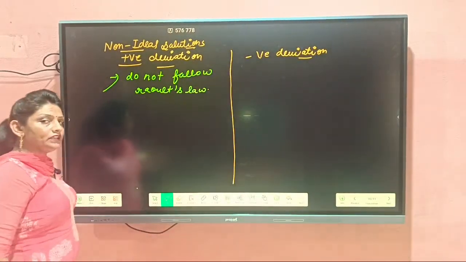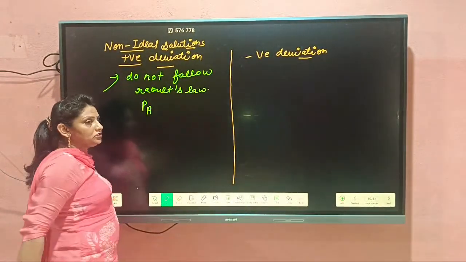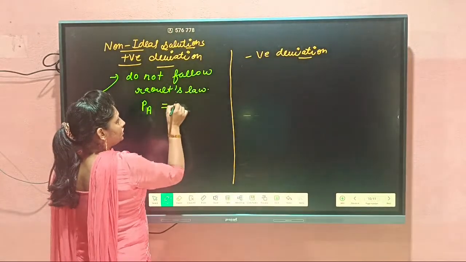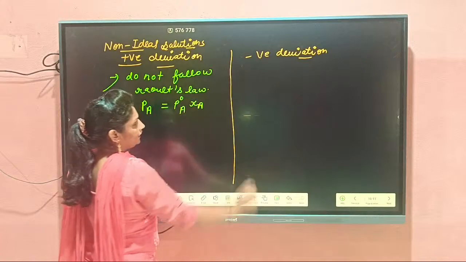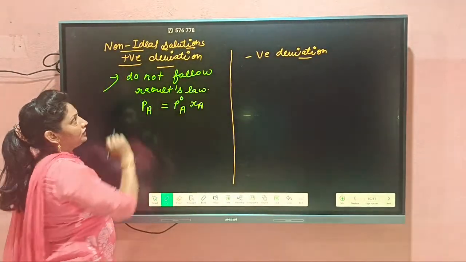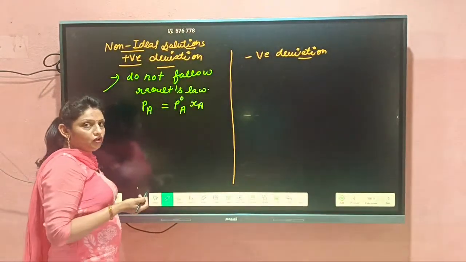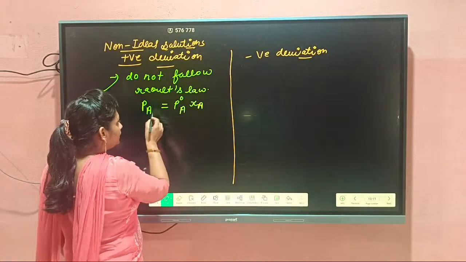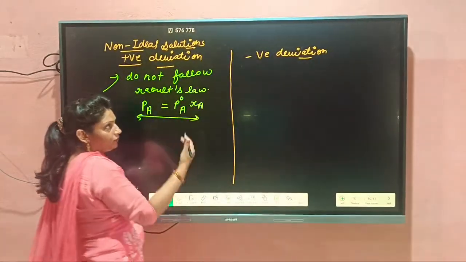And what do you mean by Raoult's law? According to Raoult's law, partial pressure of a component is directly proportional to the mole fraction of that component. But in case of non-ideal solution, they do not follow Raoult's law. Means either this partial pressure will be greater or it will be less.